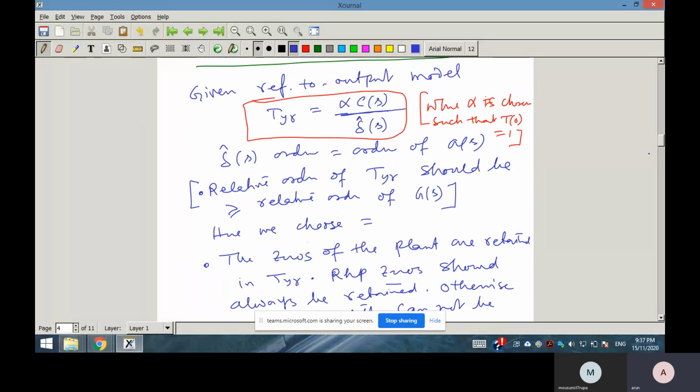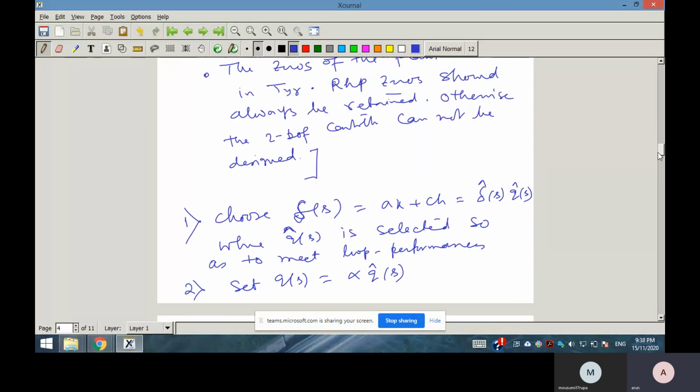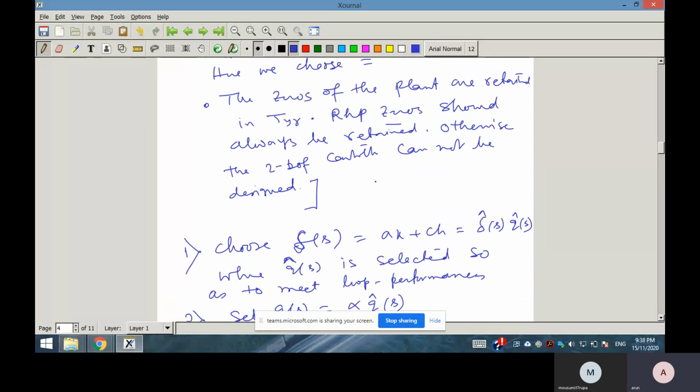In the reference input output model, the plant zeros, that means the polynomial CS, should be retained. At least the right half plane zeros should be retained. Otherwise, as I said, the two degree of freedom controller cannot be designed.